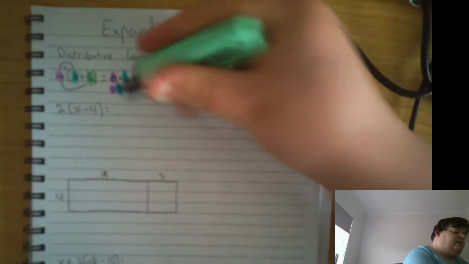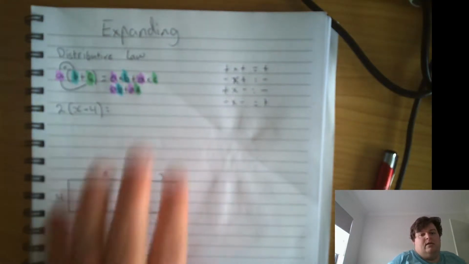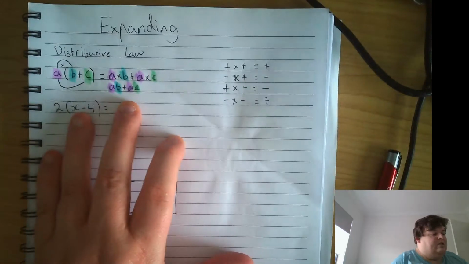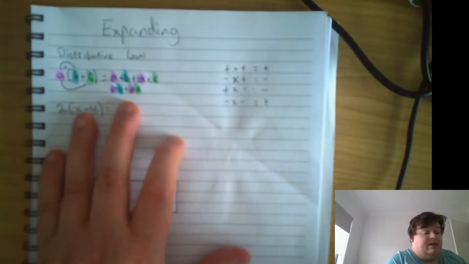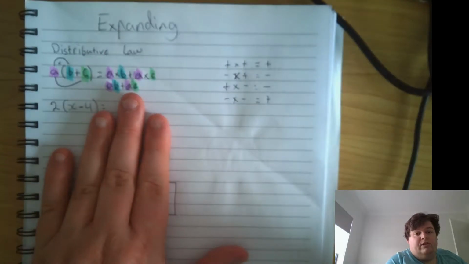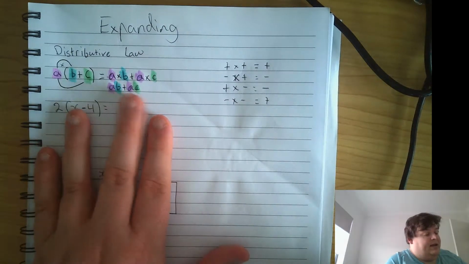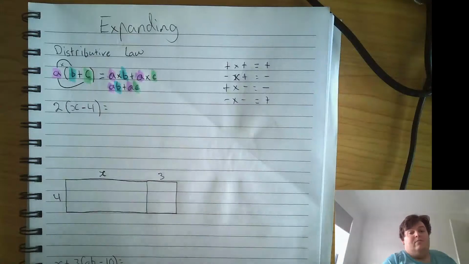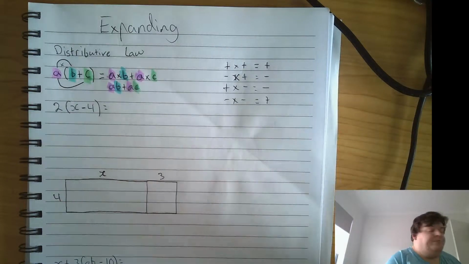Now I've got this solution here, AB plus AC. And now the question is, are these like terms? Can I add them together? Can I do anything else? Well, hopefully you've looked at that and gone, no, they're not, because AB and AC are two different values, because the B and the C are different, regardless of the A being there or not.